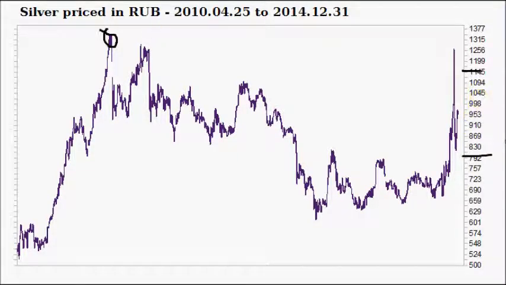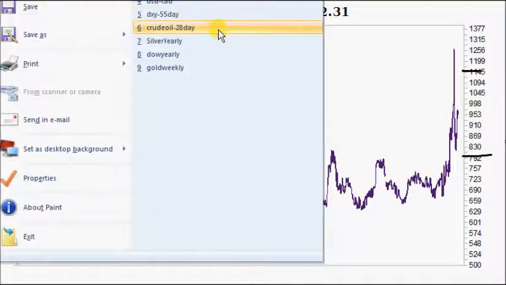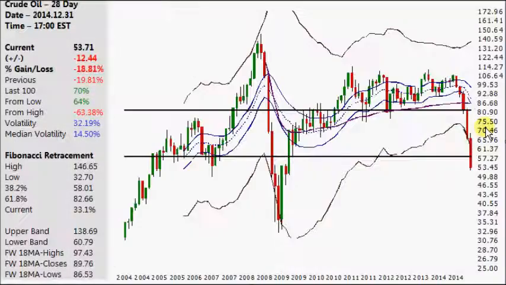Now, what's tied to Russia is crude oil. And what a year for crude oil, with a massive downward move going back to levels not seen since 2009. What's interesting is that Russia's exports are highly dependent on crude oil.